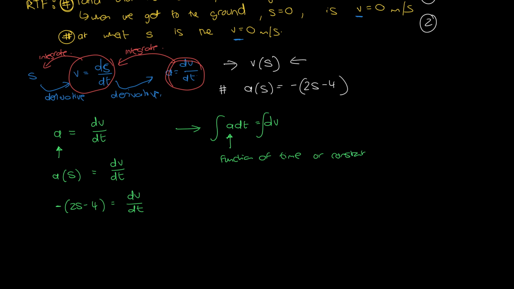And then everything else involving v is on the other side, v or constant. But right now we have a is a function of s. And s is not really compatible with this dt yet because s is actually a function of time. So we can't just treat it like a constant here because it is a function of time. So we have to use our other tricks that we have from maths.